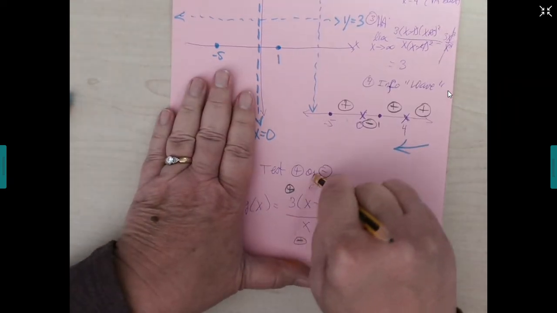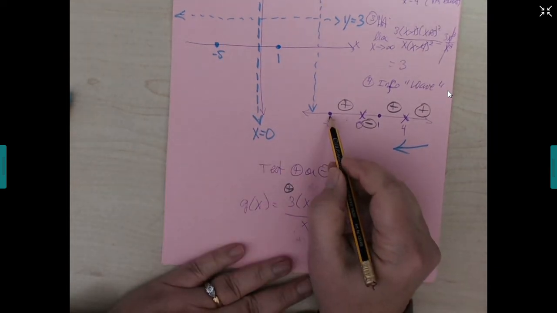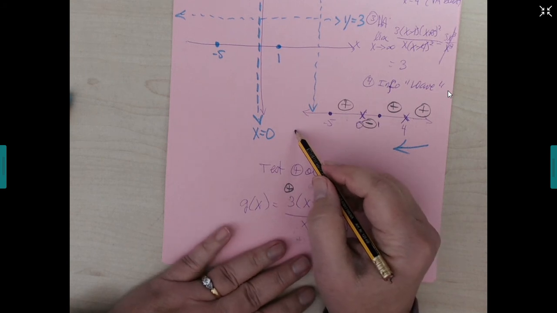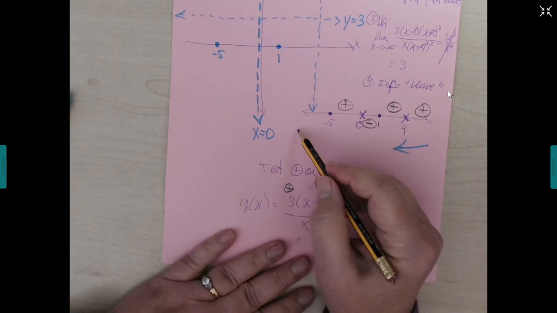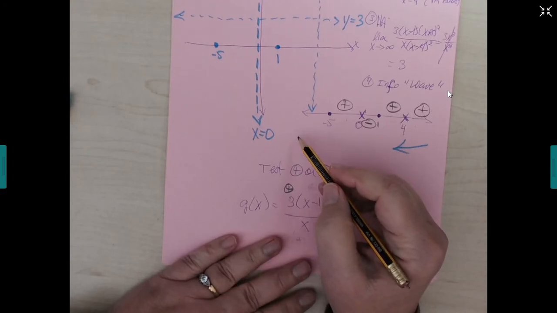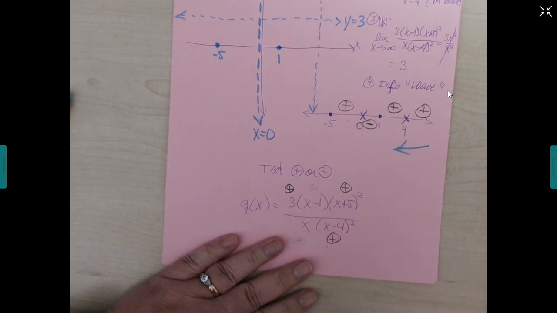And the last part here, let's try any number below -5, like let's say -10, -11, -6, -6.5, -6.7, -7.8, whatever number you pick should give you the same result.